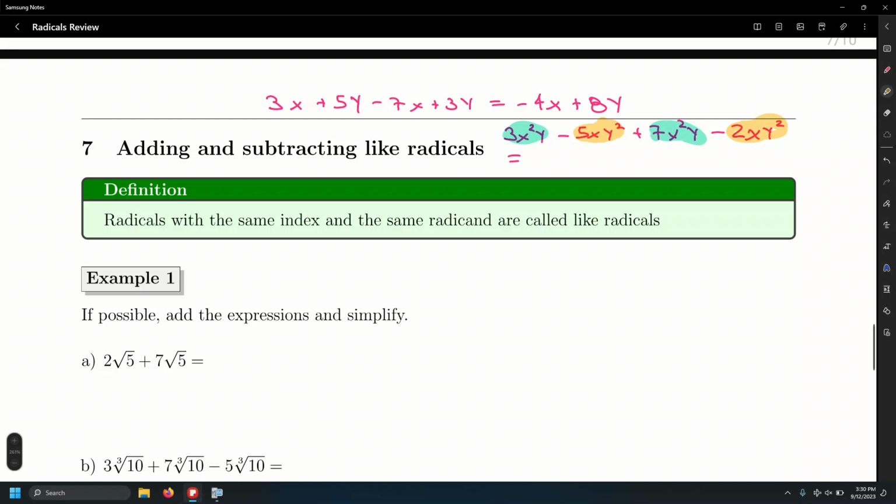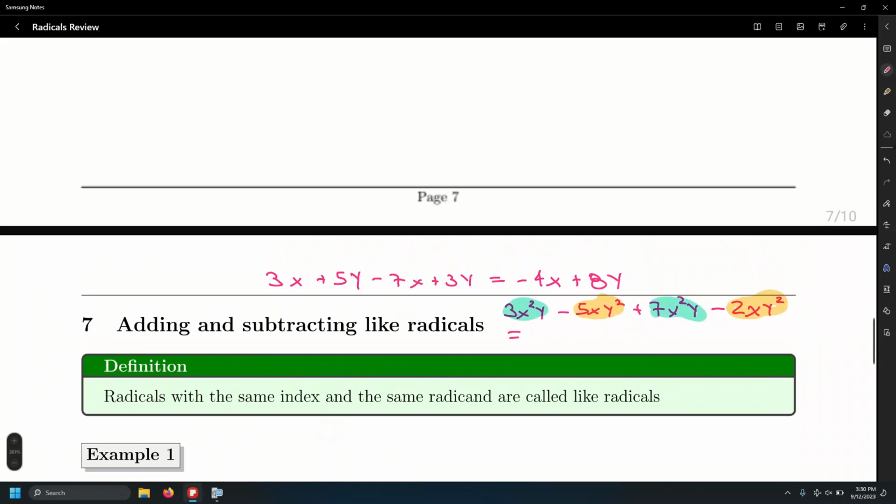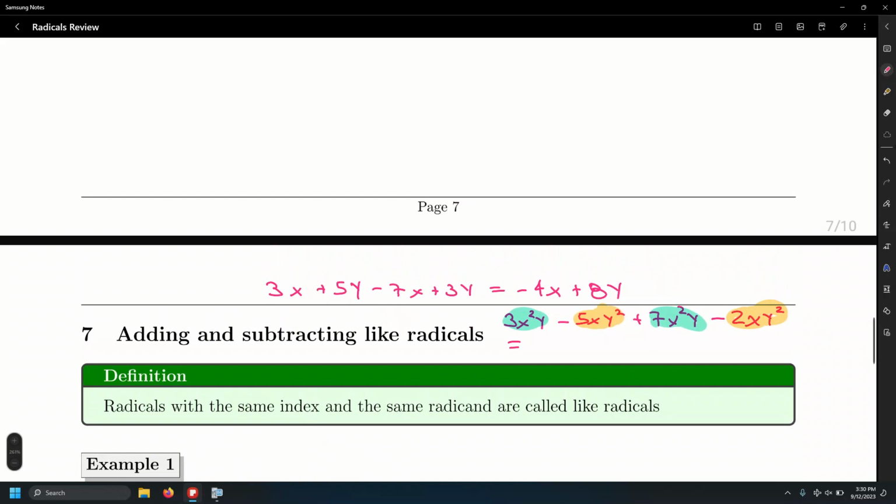And how do we know that these are like terms? Because the ones in green have the same variables, x and y, and they also need the same power for x and the same power for y. And what about the yellow ones? That's x to the first and x to the first, and y to the second, y to the second.